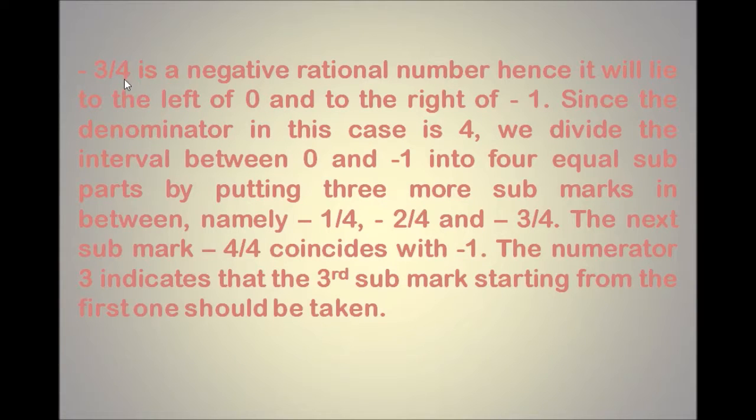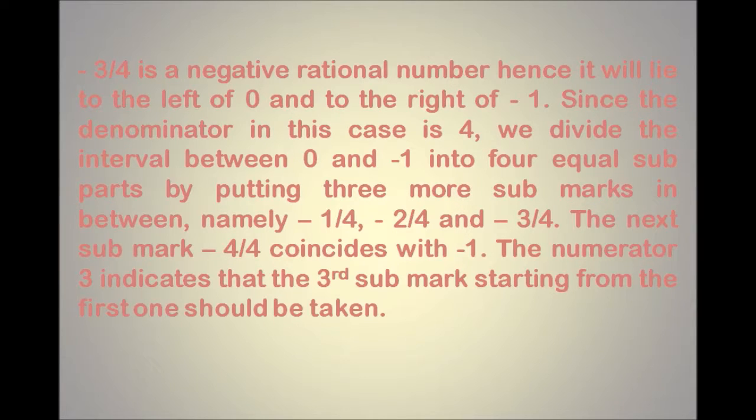Now we will be looking at the denominator. Since the denominator is 4, we have to divide this interval between 0 and -1 into 4 equal subparts by putting 3 more submarks in between.